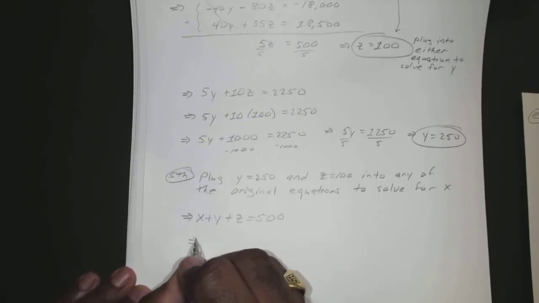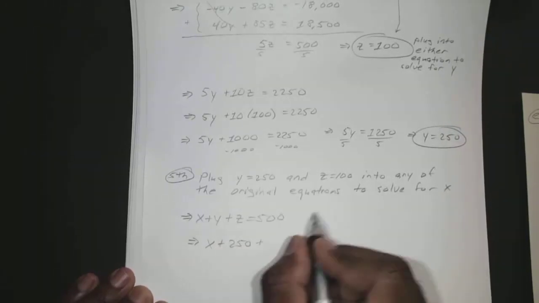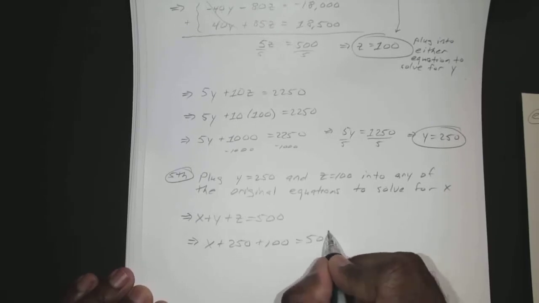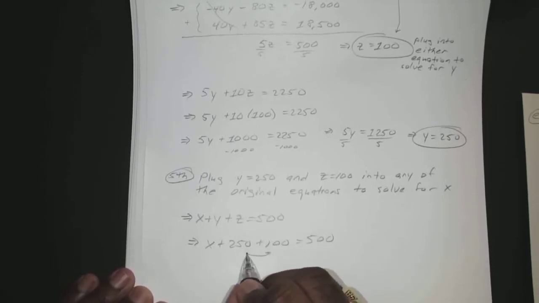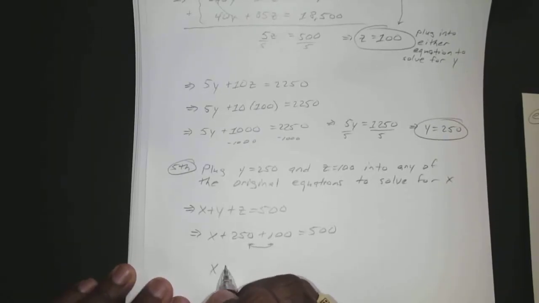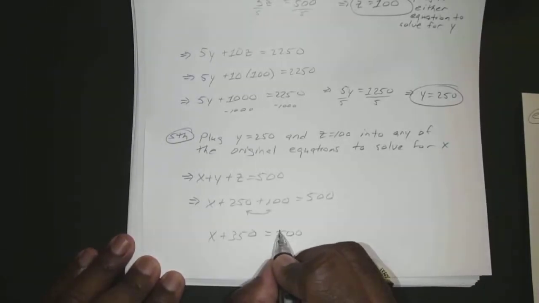So that means that x plus 250 plus 100 equals 500. Or we can go ahead and combine those two. So x plus 350 equals 500.